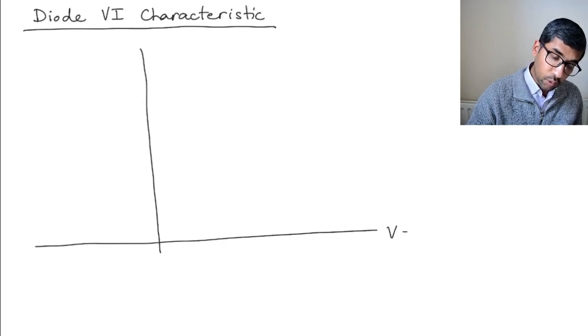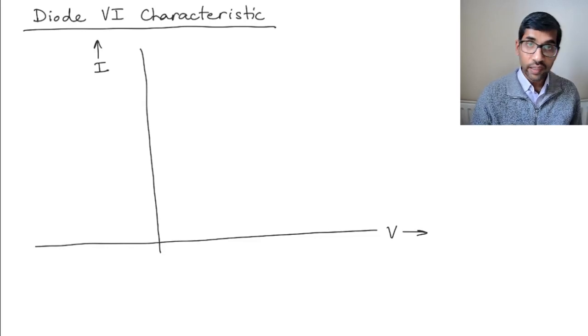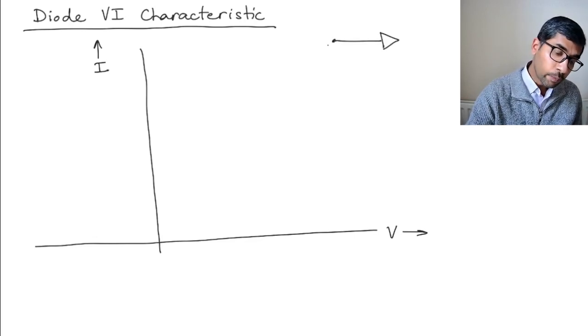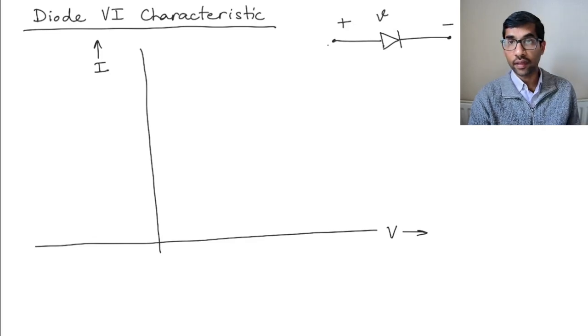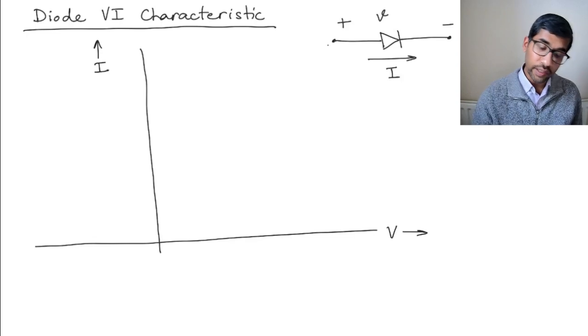Let's define the voltage and the current in a specific manner as we did in the previous videos. So if this is the diode, we are defining the voltage in the forward direction as the positive voltage, and the current in the forward direction as the current that we need.